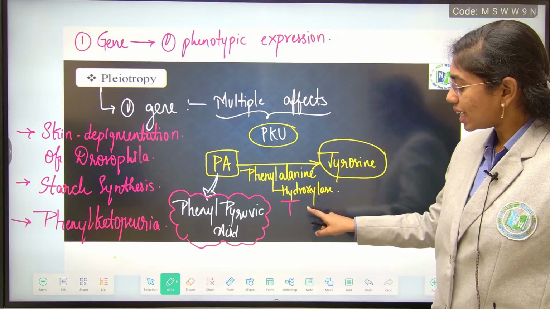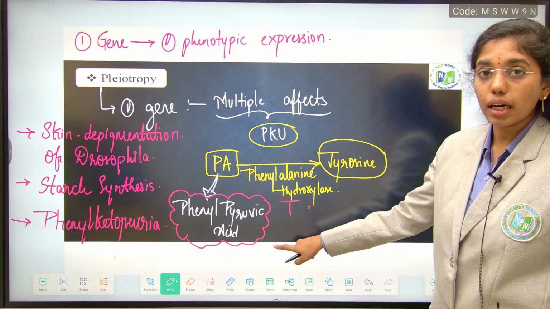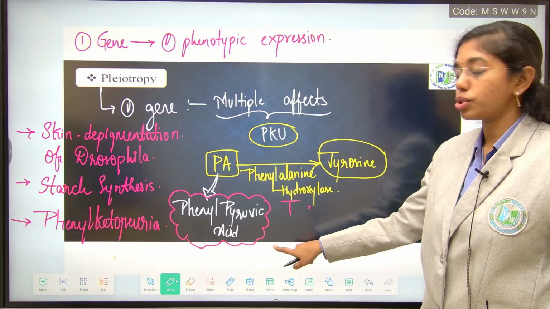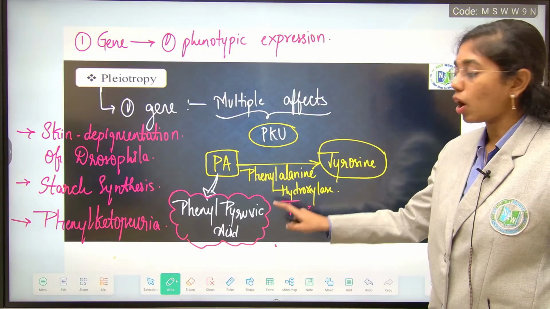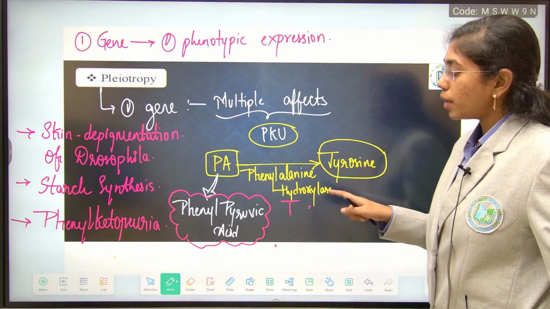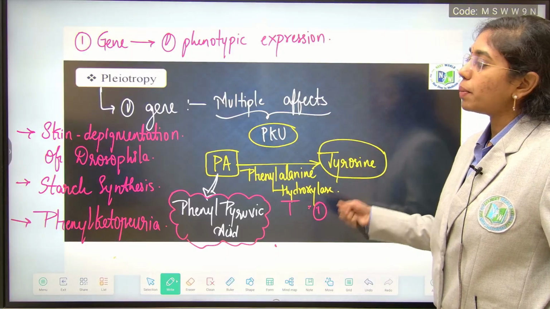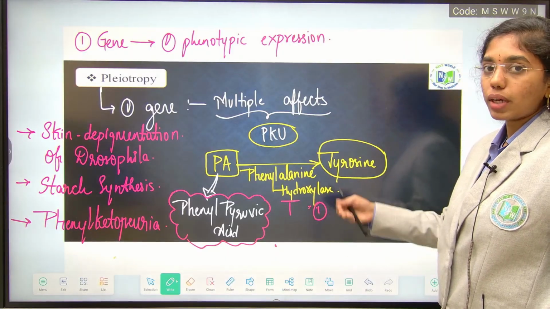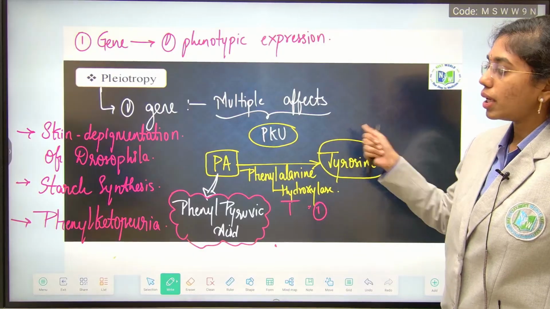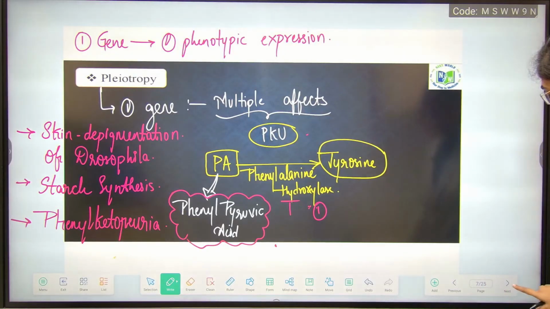So when a single gene is affected, it is showing multiple effects like mental retardation, frequent micturition, skin depigmentation. When all these effects are shown, it proves that one gene is showing multiple effects, multiple phenotypic expressions. So here the concept of phenylketonuria is explaining pleiotropy.